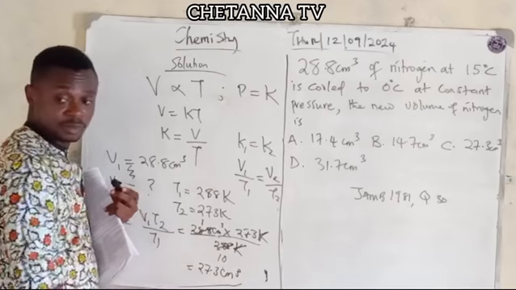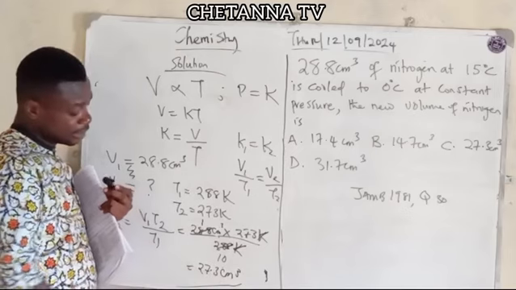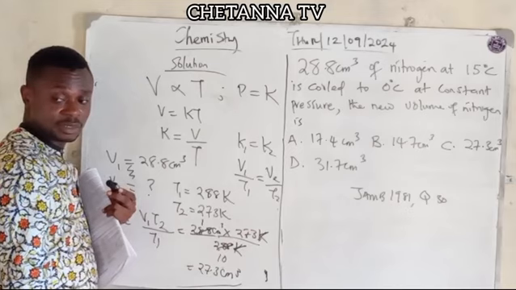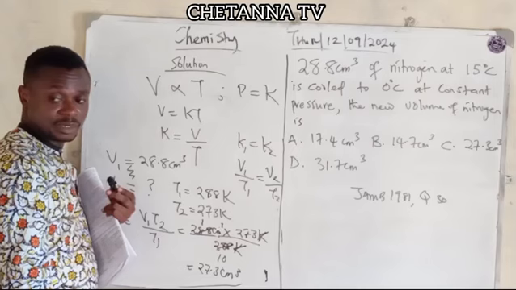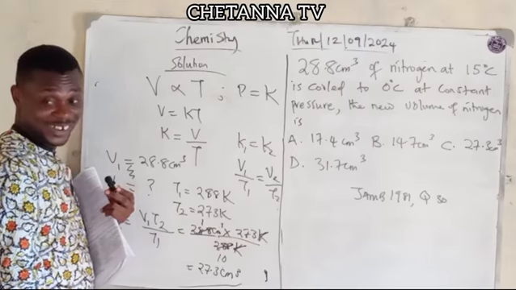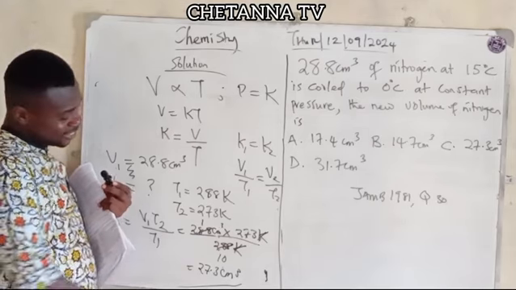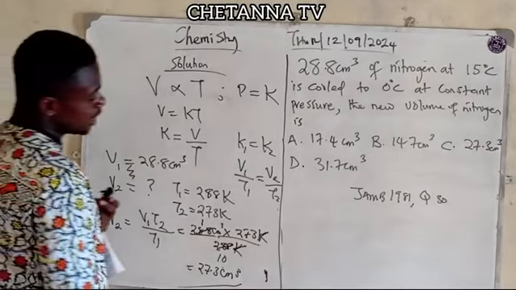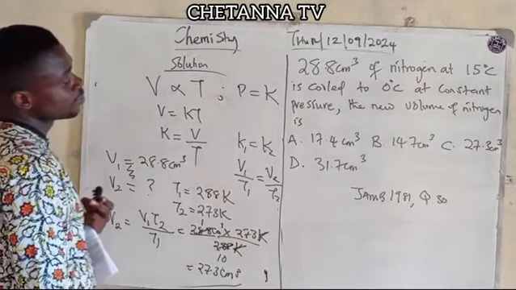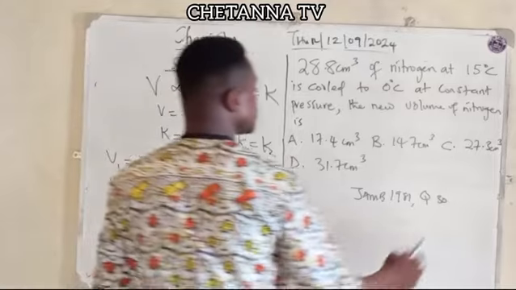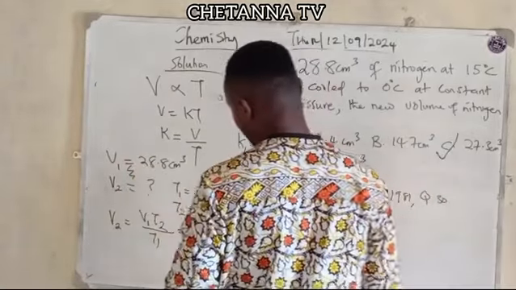You agree with me? 10 divided by 273, are you sure? So the answer is 27.3 cm³. What's the option? Option C. Good.